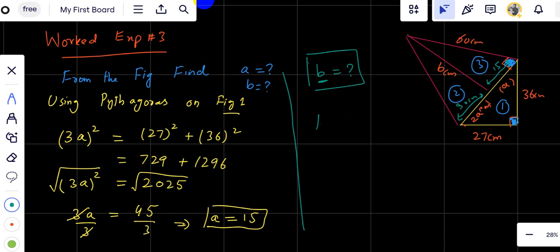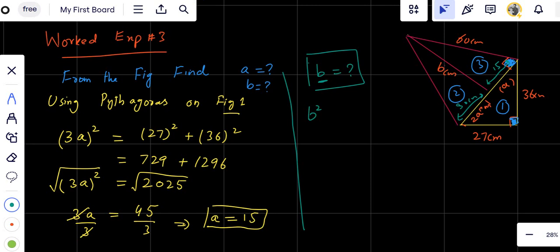60 is the hypotenuse. Yeah, just focus on the triangle, please. Which side is hypotenuse? B. Perfect.